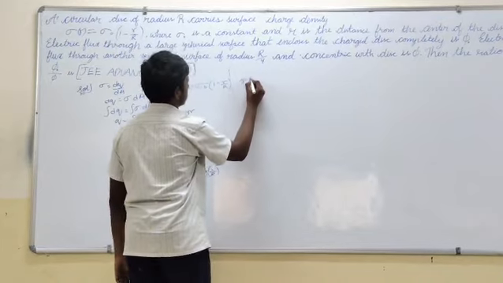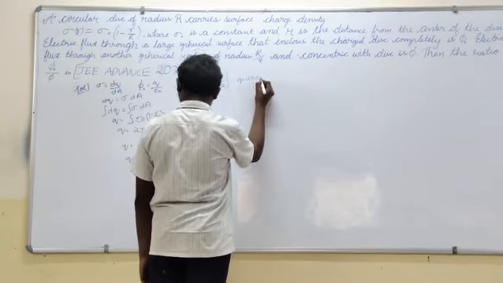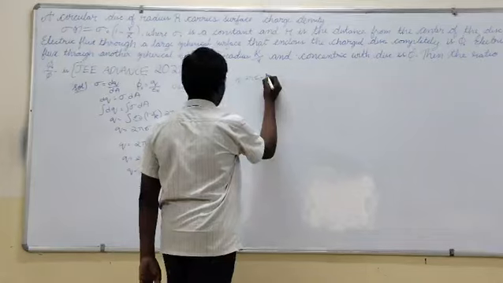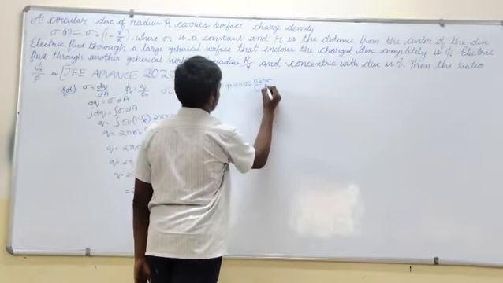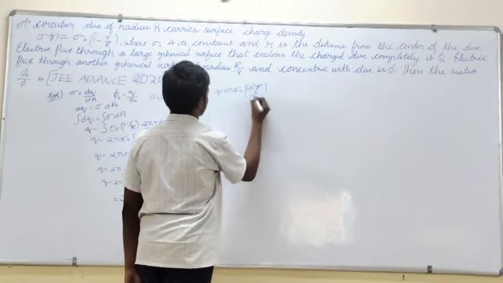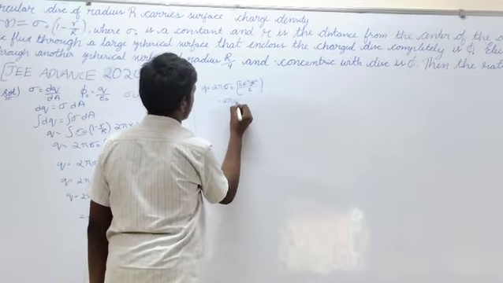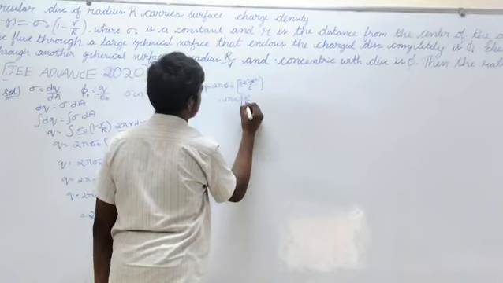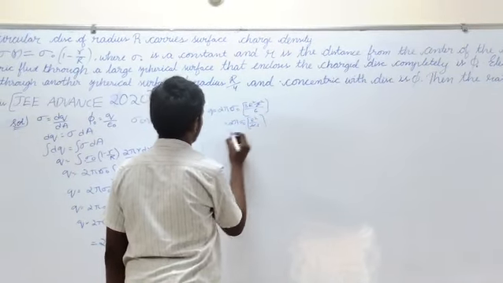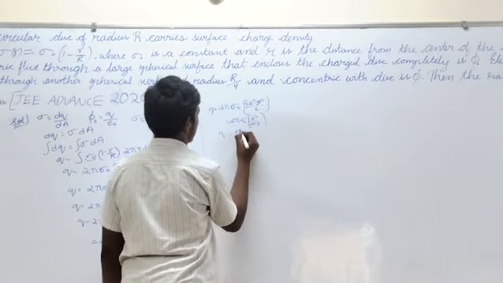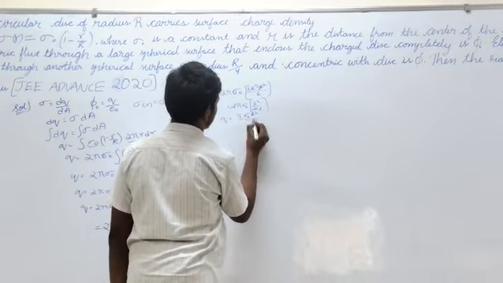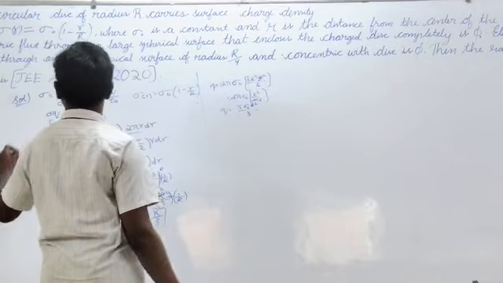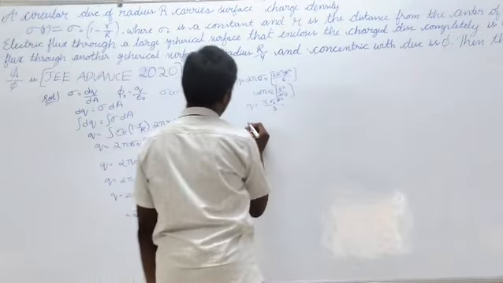So Q is equal to 2 pi sigma naught, 3 R square minus 2 R square by 6, which is 2 pi sigma naught into R square by 6. So we get Q is equal to pi sigma naught R square by 3, and we have to substitute in flux.